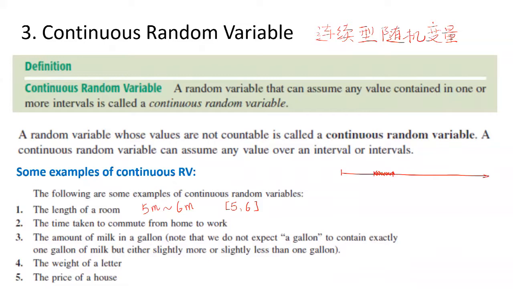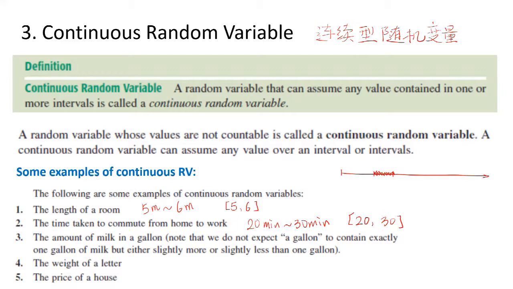Example 2, the time taken to commute from home to work. Okay, this is also a continuous RV, right? Because time is also continuous. For example, the time taken to commute from your home to work is between 20 minutes to 30 minutes. And there exists an interval, which is 20 to 30. Time taken could be any value within this interval, right? Okay, similarly, the amount of milk in a gallon is also a continuous random variable.